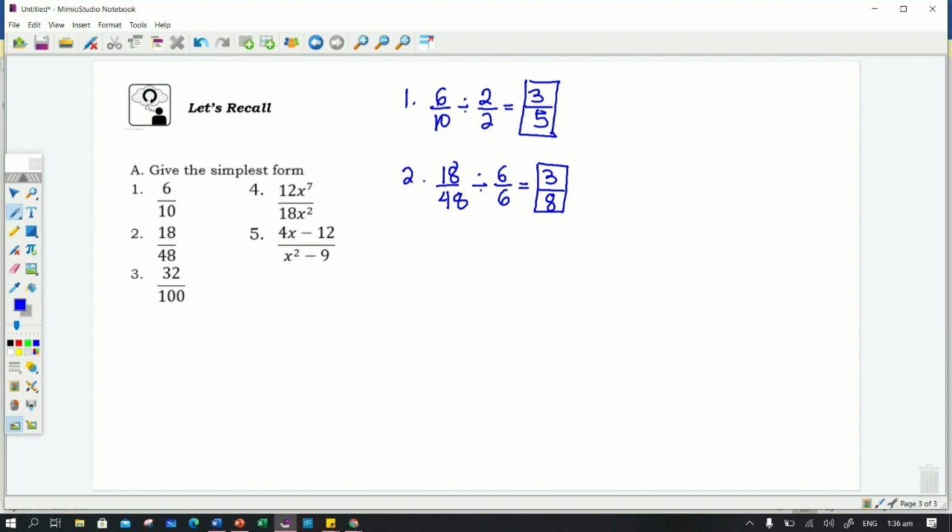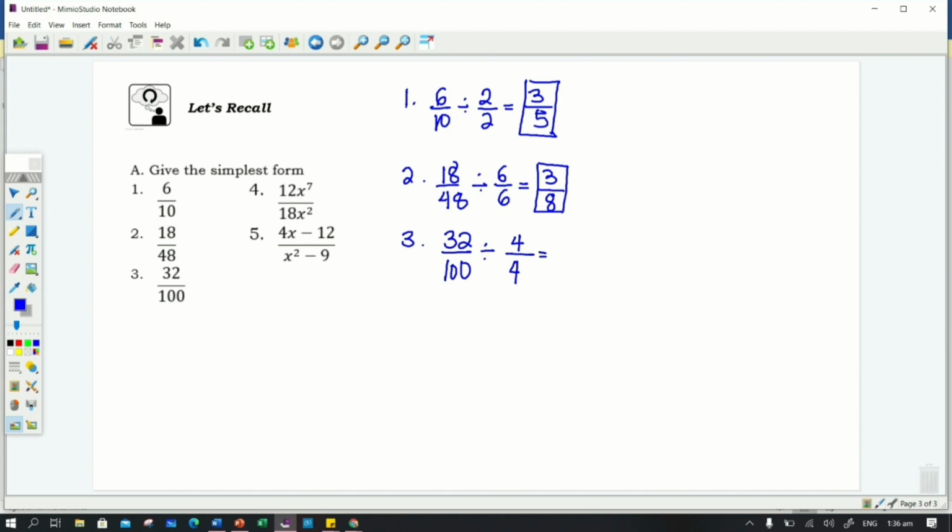Now, let's proceed with question number 3. We have here 32 all over 100. So let's say we simplify this by dividing the numerator and the denominator by 4.